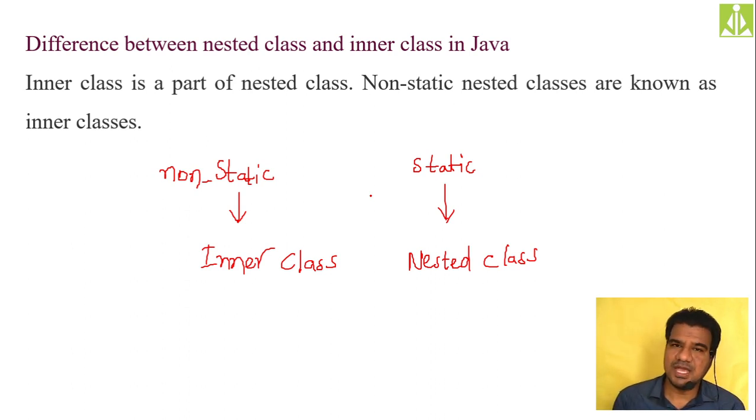Nested class means static, inner class means non-static. Both are nested classes, both are inner classes, but the nested class has the special property that it is static.